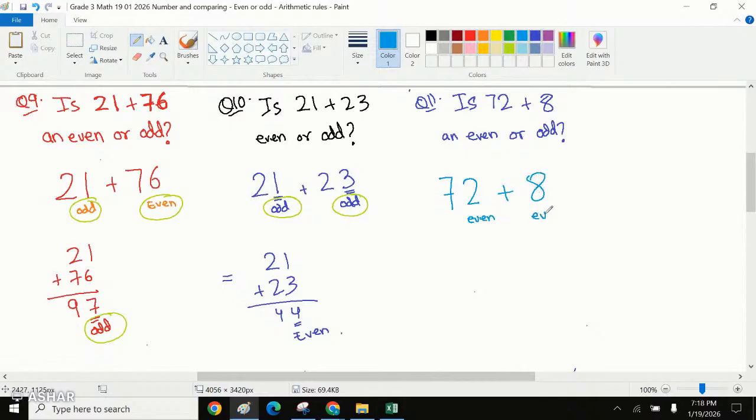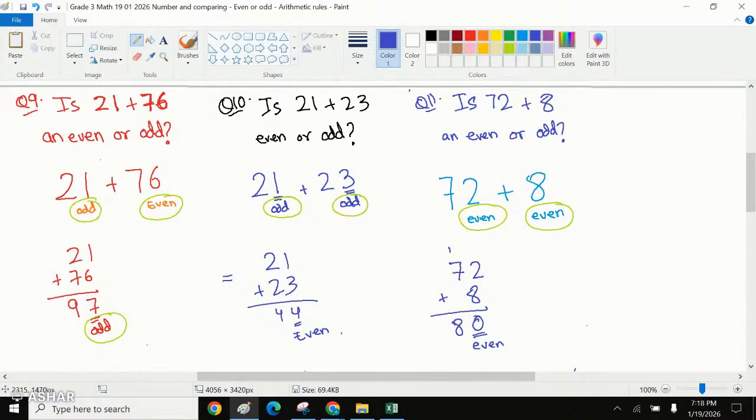8 is an even number. And we know the rule that when both the numbers are even or both the numbers are odd, the result will always be, yes, thank you, May. 8 plus 2 is 10. We carry 1. This becomes 80. And the number is ending with a 0. Right?